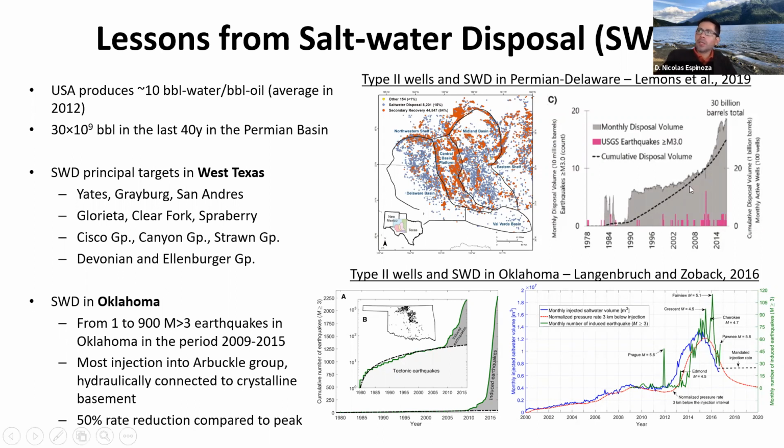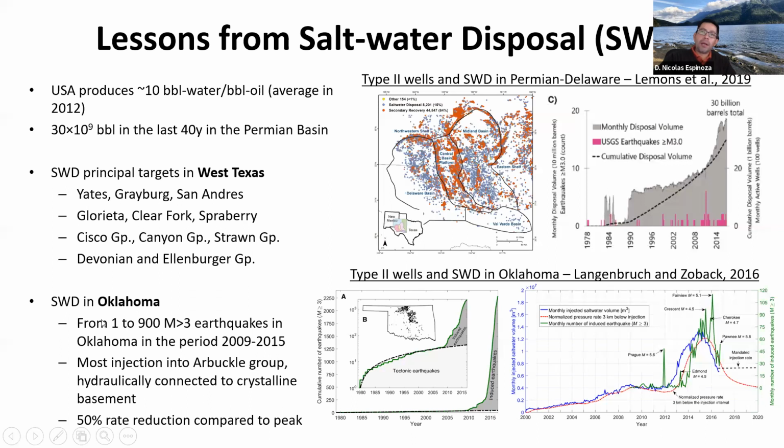Sometimes they might produce very minor earthquakes or a very small number of earthquakes. Like, for example, it happens with saltwater disposals in West Texas and also New Mexico. You see there is a lot of injection in some of these formations, but not many large earthquakes being produced.